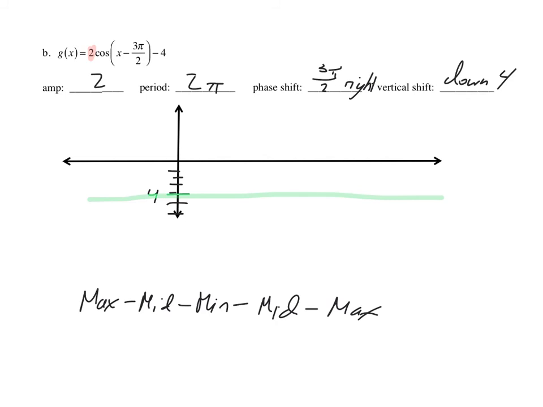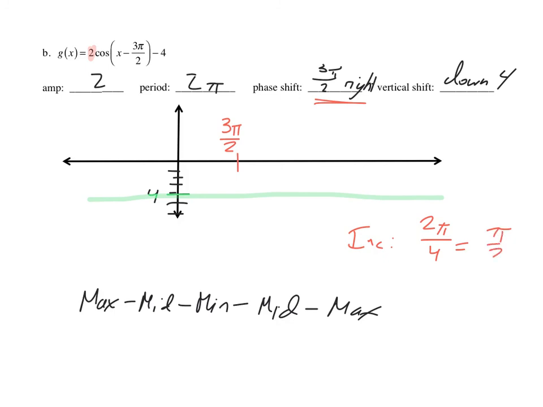So that's already taken care of. But now this phase shift, I have to start at 3 pi over 2. Well, how am I going to add that on? Well, it goes like the unit circle. So let's check our increment. Our starting point is 3 pi over 2. Our increment is 2 pi, the period, divided by 4.